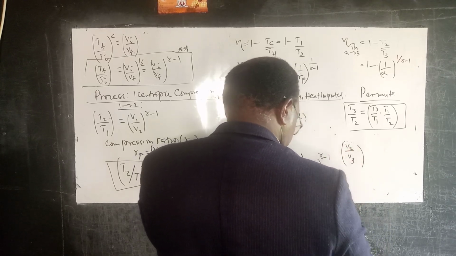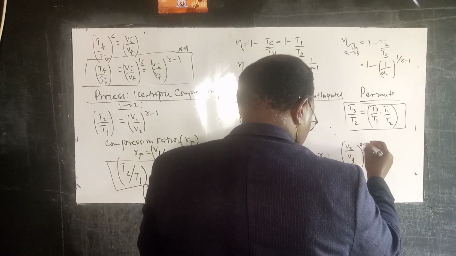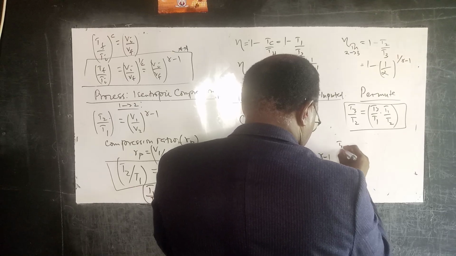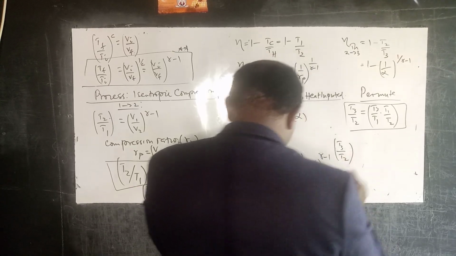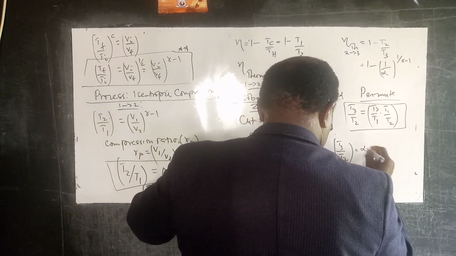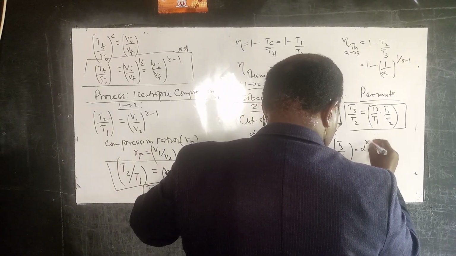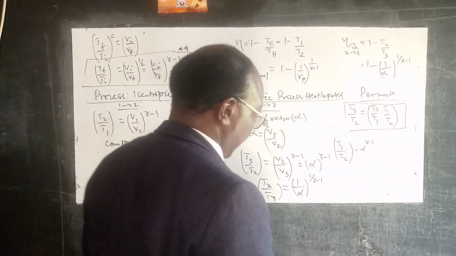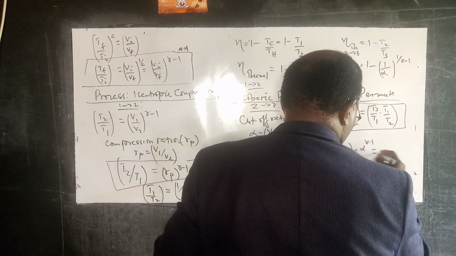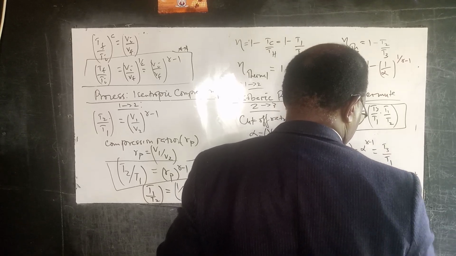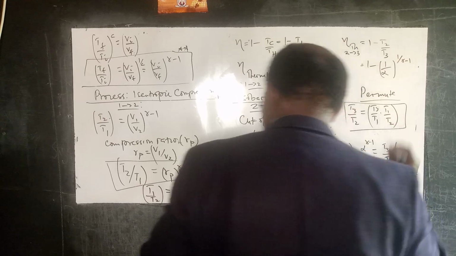Let me just write it properly. We have said T3 over T2 here is equal to alpha to the power gamma minus 1. And so we are also saying it is the same as T3 over T1 into T1 over T2.